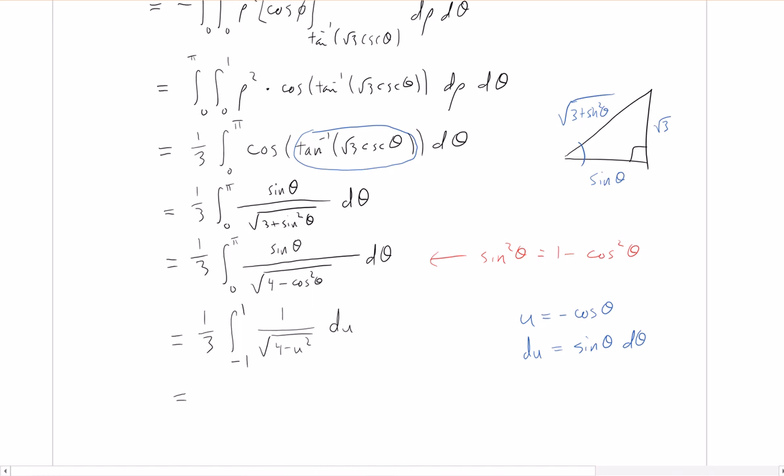And now let's pull that 4 out of the denominator. So it'll come out of the square root as a 2. So this will be 1/6. And this will be 1 minus u squared over 4, which I'll write as u over 2 squared du.